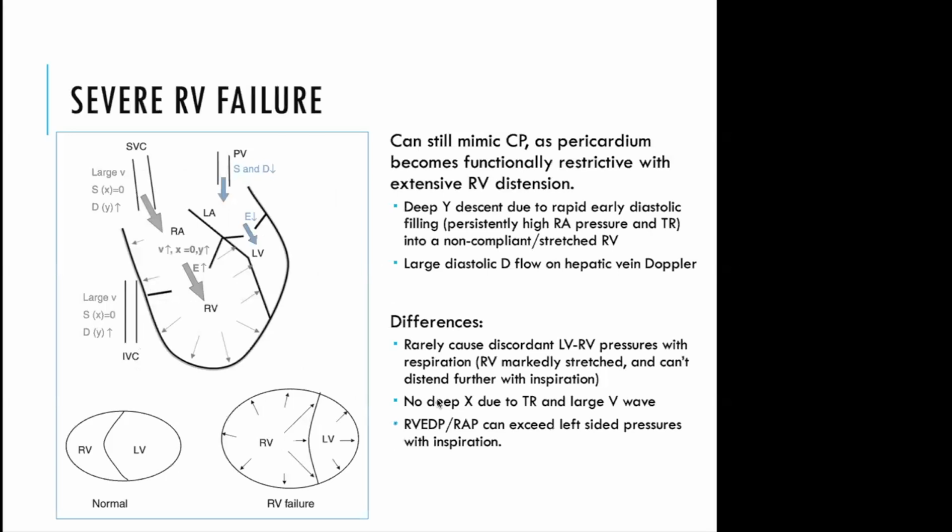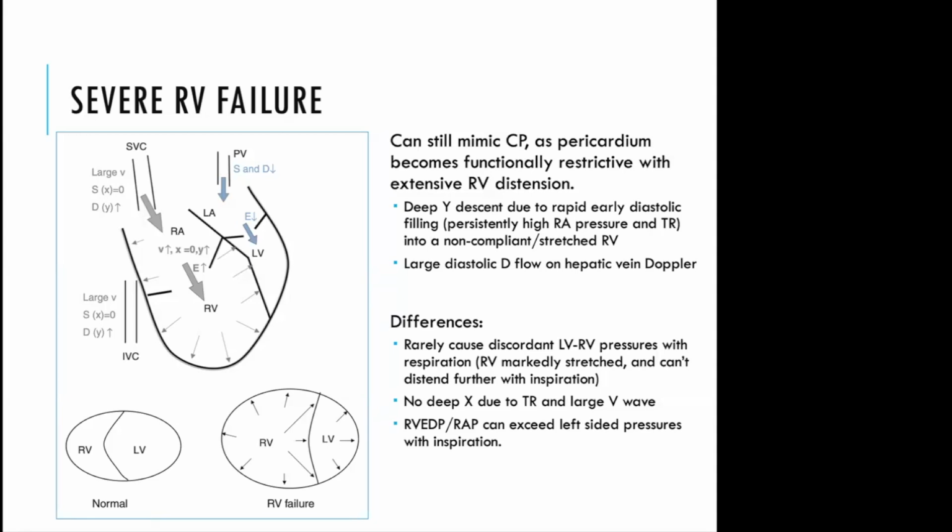With severe RV failure, our last point that I just want to talk about is that it can mimic constrictive pericarditis, especially with more severe disease. And as we alluded to, there can be even more overlap the more severe your RV failure is, as the pericardium becomes more and more functionally restrictive with the extensive RV distension.